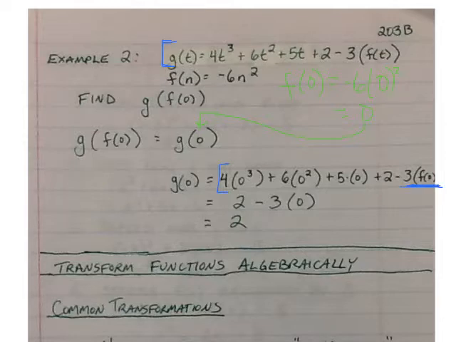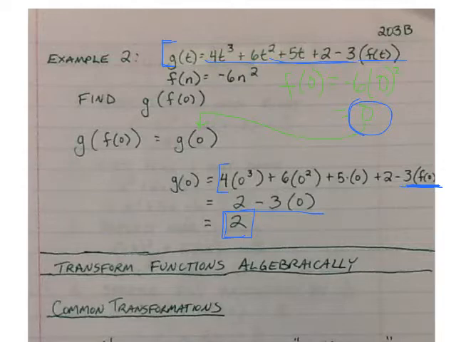And we have to again go back and evaluate what is f of 0. Well, we already know f of 0 is 0. So we have 2 minus 3 times 0, which is 2. That's another sort of composite function where you have a function within the definition of the whole function.